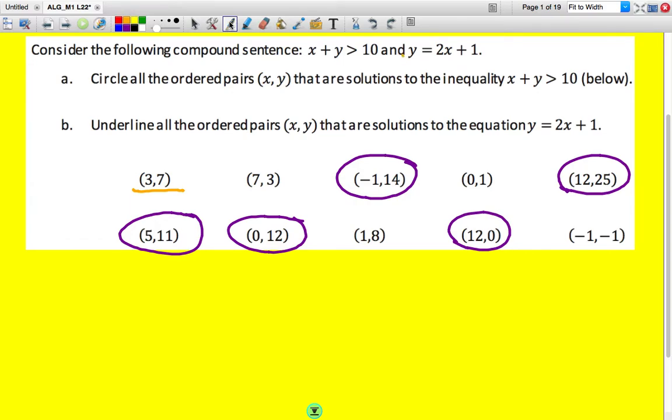Zero comma 1, so 1 is the y. 2 times 0 plus 1. 2 times 0 would be 0, and 0 plus 1 is 1, so this works. The next y is 25 equals 2 times 12 plus 1. 2 times 12 is 24. 24 plus 1 is 25, so this works.